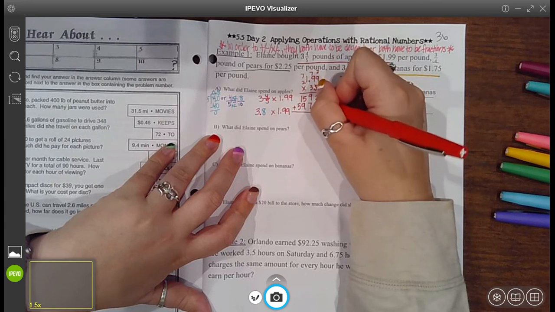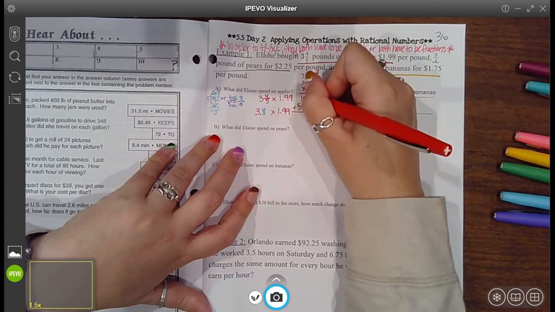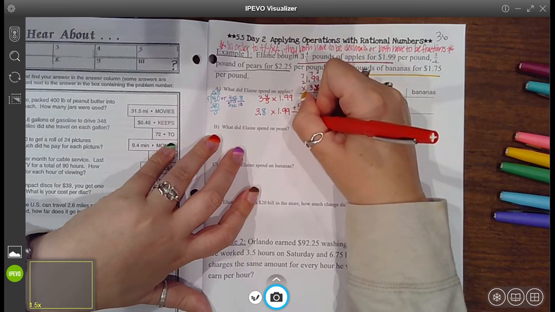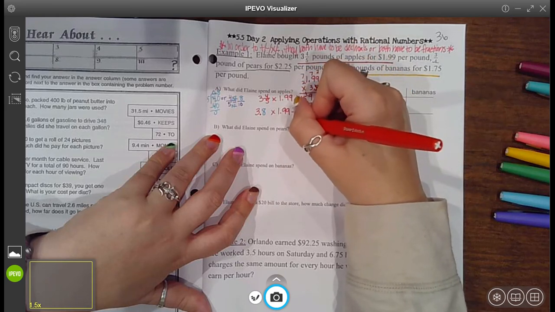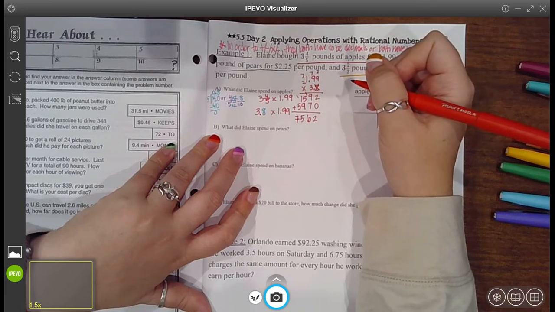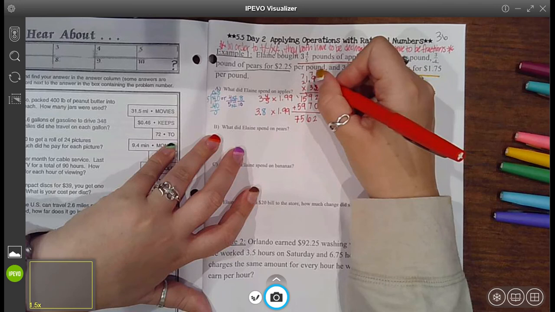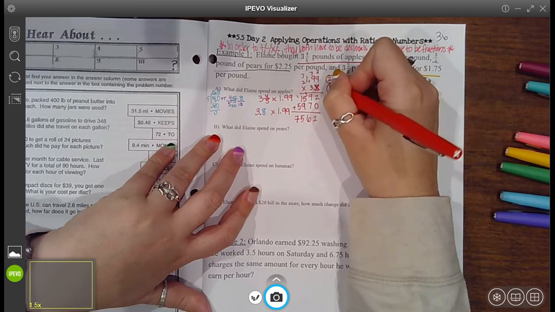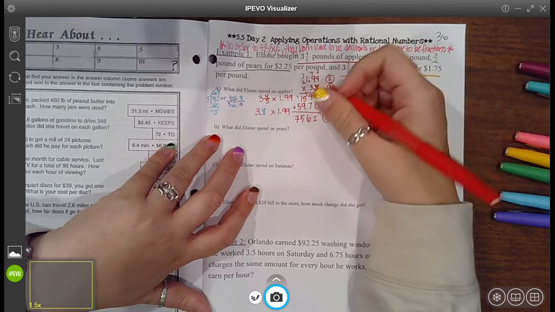So now when I add these, 2 and 0 make 2. 9 and 7 make 16. 1 and 5 is 6, plus 9 is 15. And 1 and 1 is 2. 2 and 5 is 7. Now I said that you ignore the decimals when you multiply until the very end. So what you do is there's 2 numbers after the decimal here, 1 number after the decimal there, for a total of 3 numbers needed after the decimal in your answer.